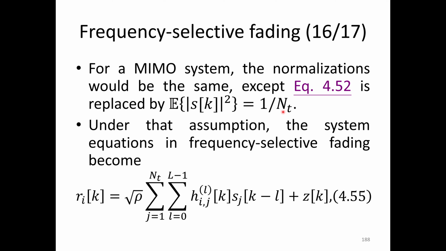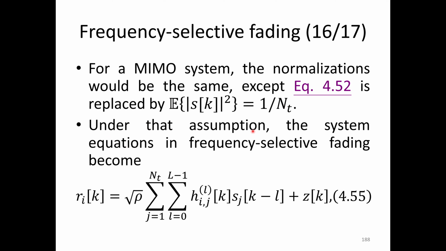Because there are nt transmit antennas, and here we do not assume that the transmitter knows the channel state information, that is CSI, the average power of each transmit signal is equal to 1 over nt.